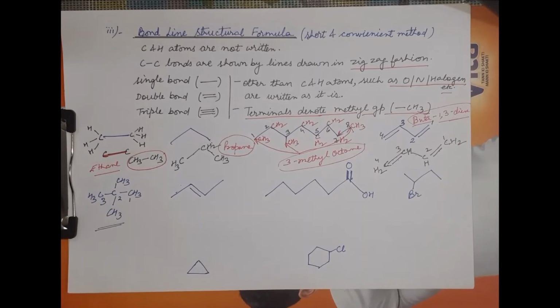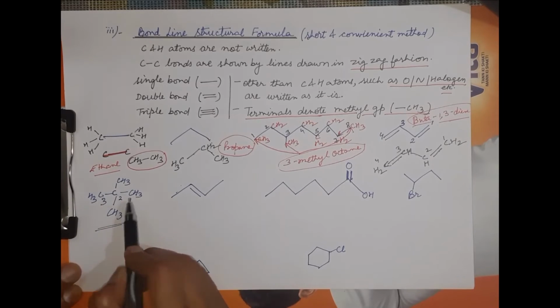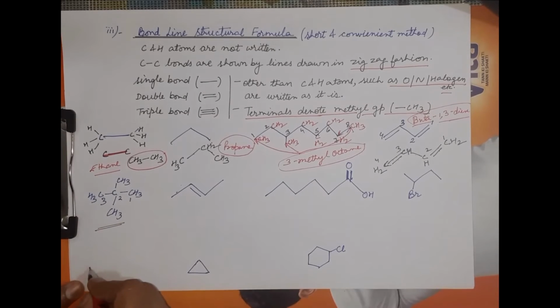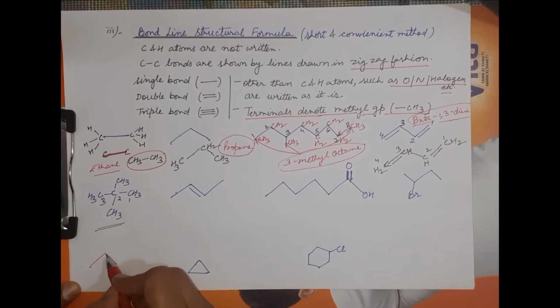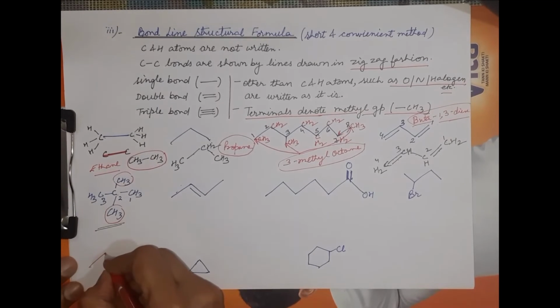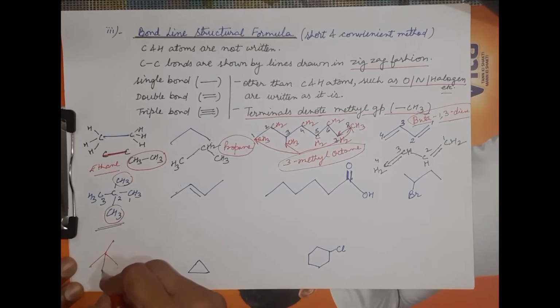So how will we write this? So we see this carbon attached with this and this with this. So to write this chain, we have to write like this. So this is one carbon, this is another carbon, this is here. And for these two substituents, it has to be shown like this. This is one substituent and this is the another substituent.